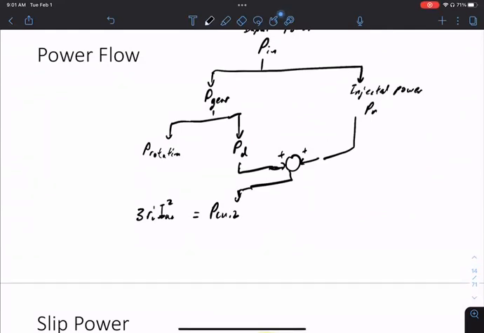This is my loss. What's left over is air gap power that goes through into the stator side. And then this gets separated out. This is our PCU1. Okay, if we have a resistor at the stator side, then this is 3R1 IA1 squared. And then this is my PS. So that'll be my power to the grid. That's the stator power to the grid. Okay. Any questions for this sort of block diagram power flow?